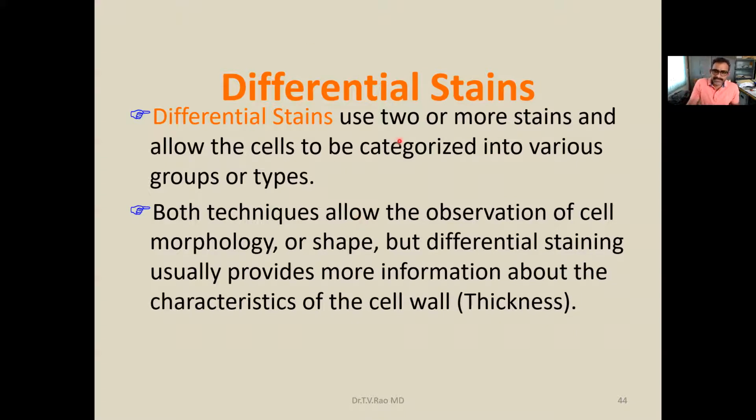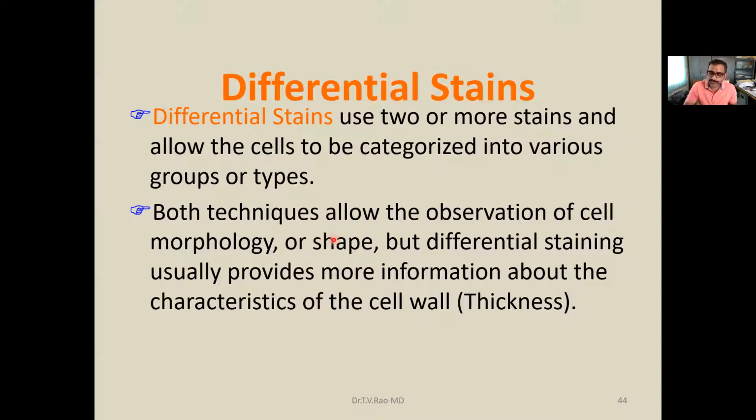So in differential staining, we use two or more stains and allow the cells to be categorized into various groups. This technique allows the observation of cell morphology. Similar to simple staining, here also you can clearly see the morphology, shape and even arrangement of the cells.